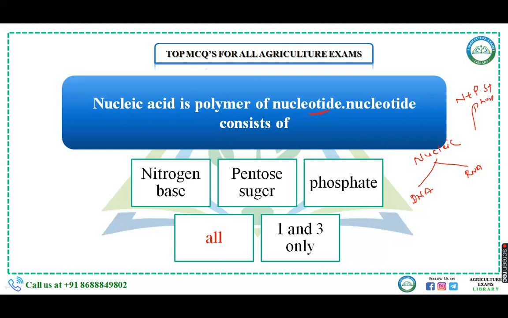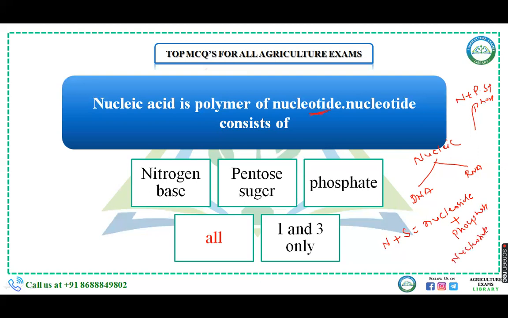Now try to understand. When a nitrogenous base combines with the sugar, that is known as nucleoside. Now when a nucleoside combines with the phosphate group, that is known as nucleotide.